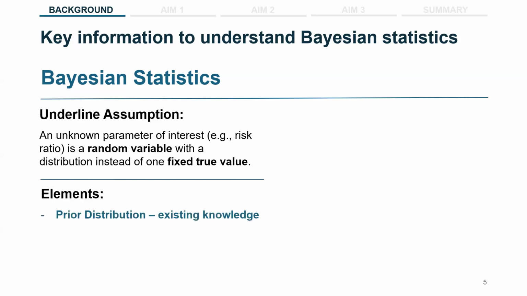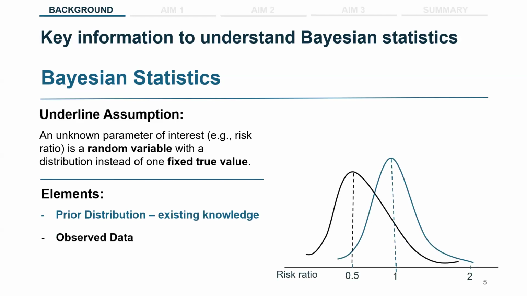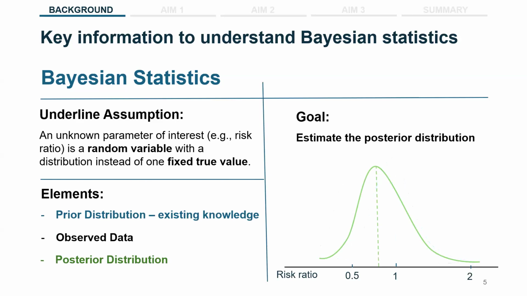In the analysis, we need to first specify a prior distribution based on existing knowledge, and after collecting new data, we will then use the data to update the distribution, which is referred to as the posterior distribution.